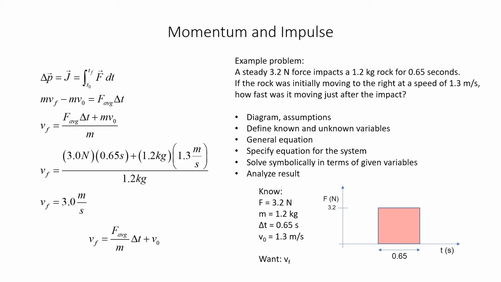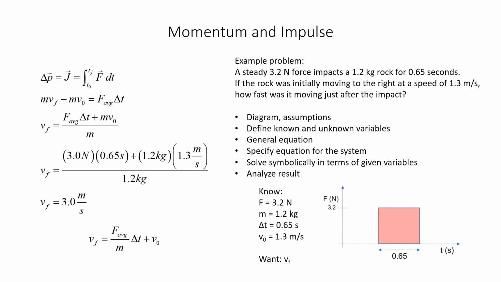Now let's analyze the result by looking at special cases. I'm going to rewrite it a little bit differently to make it simpler to analyze. In this form, we can see that if the force per mass is larger, then we should have a larger velocity. That makes sense. Force per mass is acceleration. Larger acceleration would give larger velocity. Also, with the same amount of force per mass, a bigger delta t would give us a larger final velocity as well.